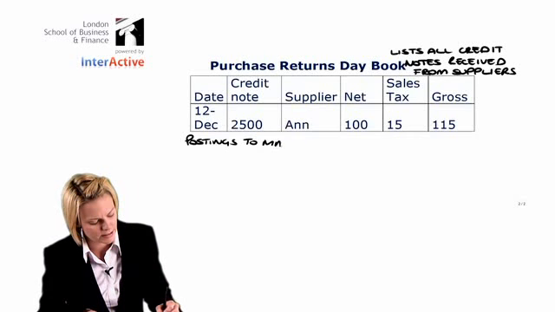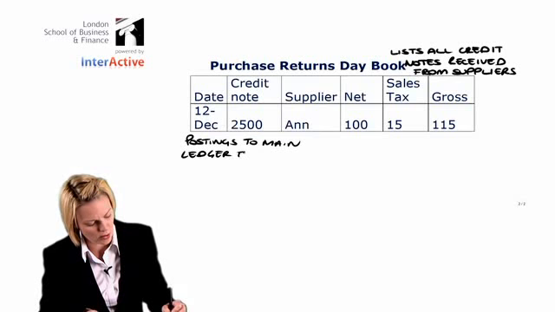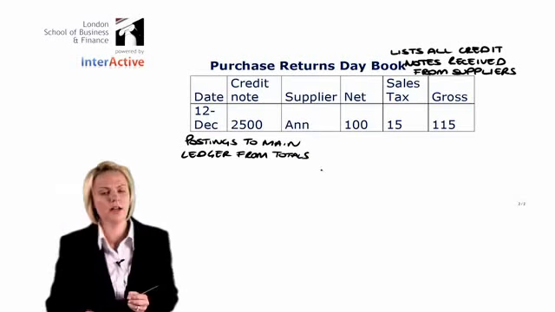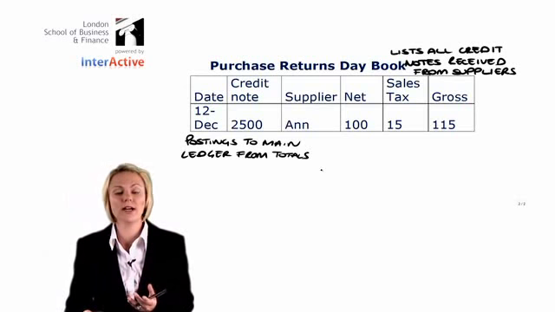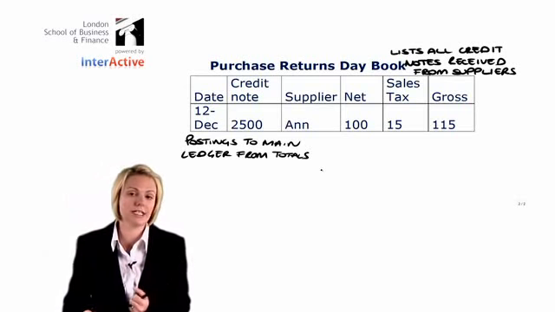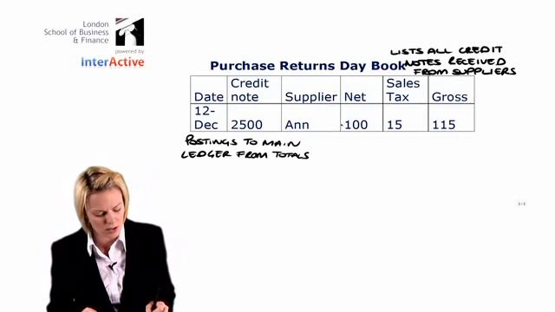So postings to main ledger from the totals. And because we've only received one credit note, the total is essentially the same as the credit note value.